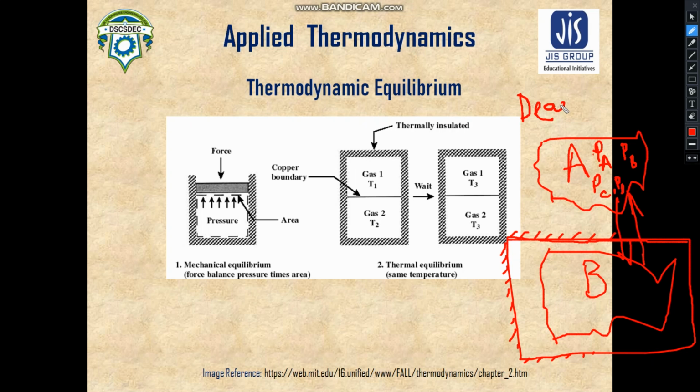So this state is called the dead state. Dead state means there is an equilibrium present within the system. This is the point of view of internal equilibrium when we are isolating it from the surroundings.